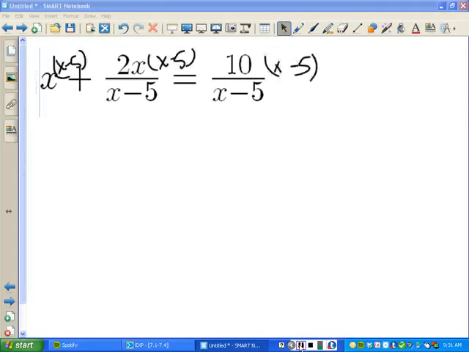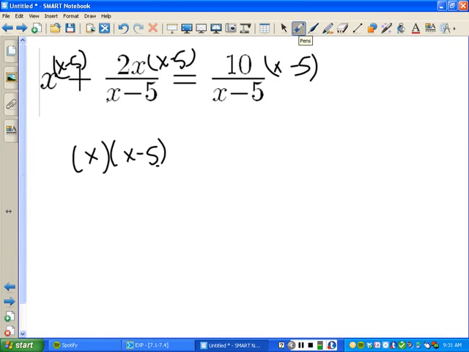The x minus 5 appeared out of the blue, and we're multiplying through by x minus 5. So here you're going to get x minus 5 plus 2x equals 10.